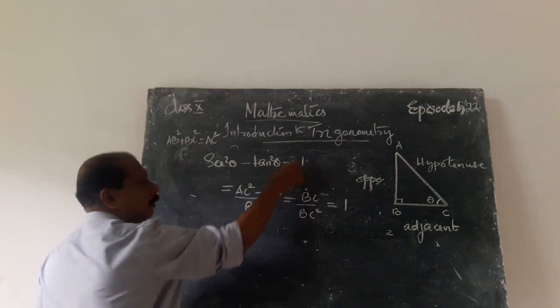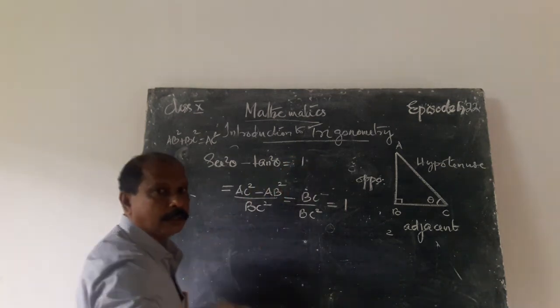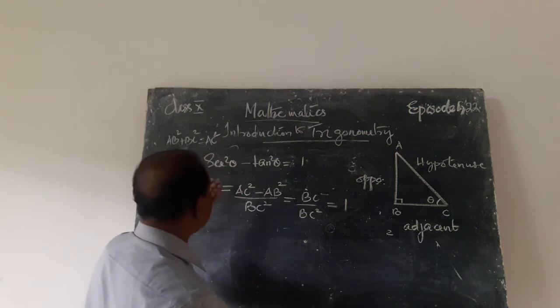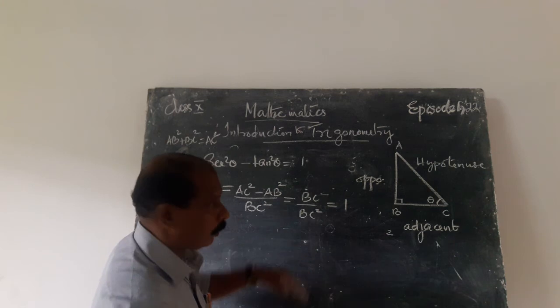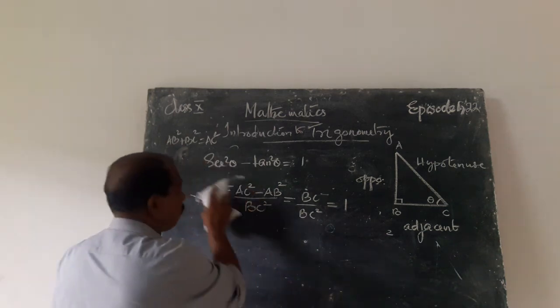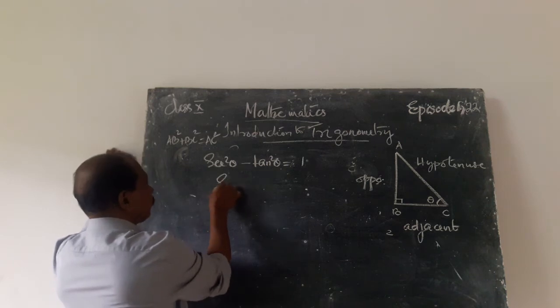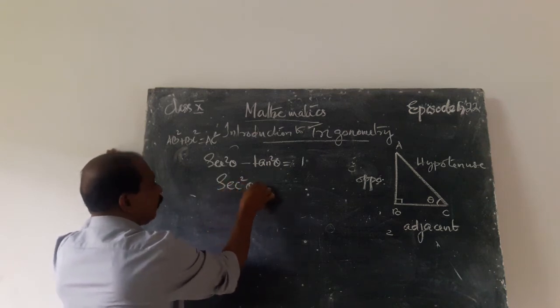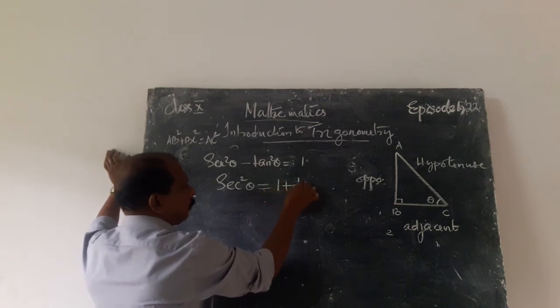That is one result. One result is sin and cos, that is sin square theta plus cos square theta is equal to 1. Second result is sec and tan, therefore sec square theta minus tan square theta is 1. Shifting minus tan square to the right, we get sec square theta is equal to 1 plus tan square theta.